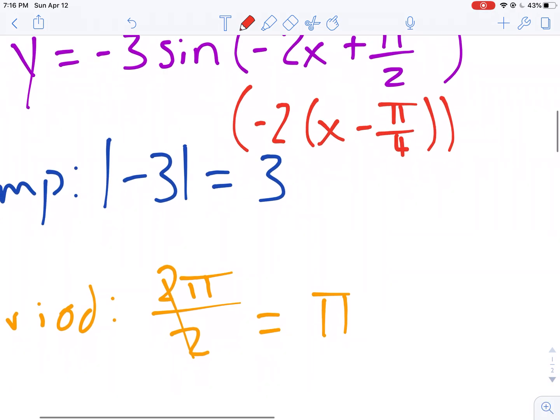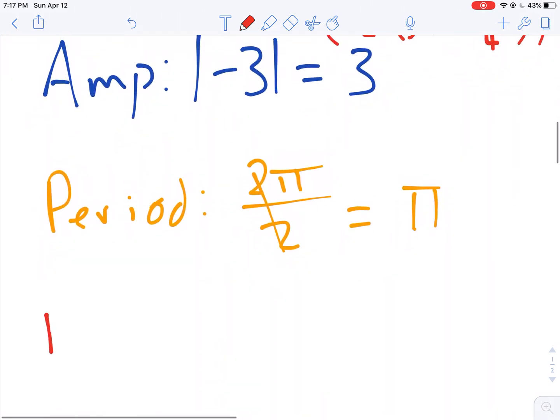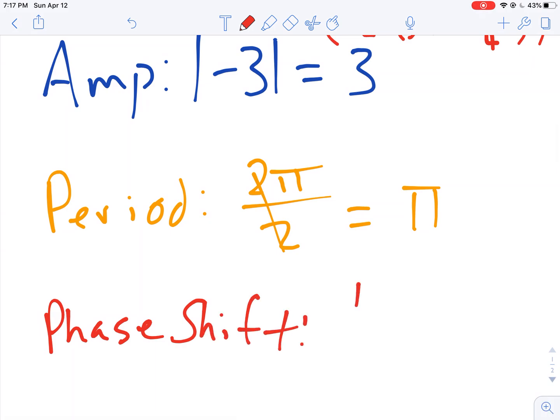As opposed to thinking about my phase shift as putting it over the negative value, I'm going to factor the negative value out and divide by that -2. So then I can say that my phase shift is pi over 4, and that's going to be to the right.